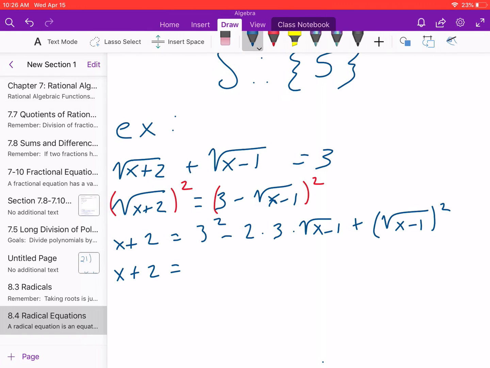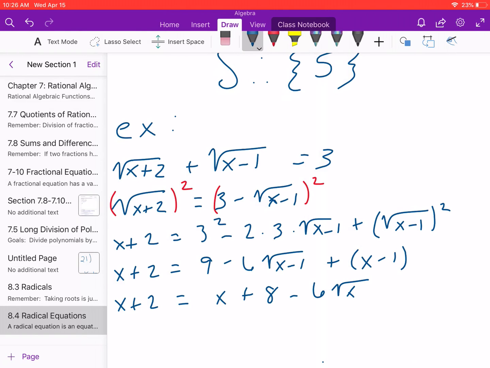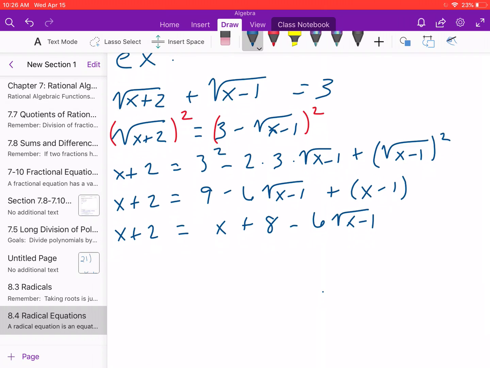Continue to combine any like terms to simplify. 9 minus 6 times the square root of x minus 1 plus x minus 1. Continue to combine. x plus 2 equals x plus 8 minus 6 times the square root of x minus 1.